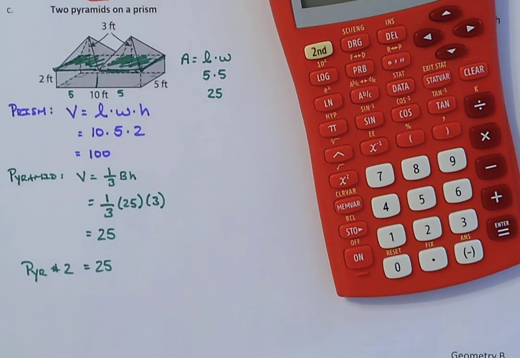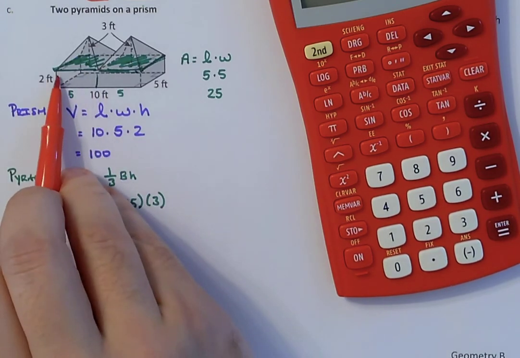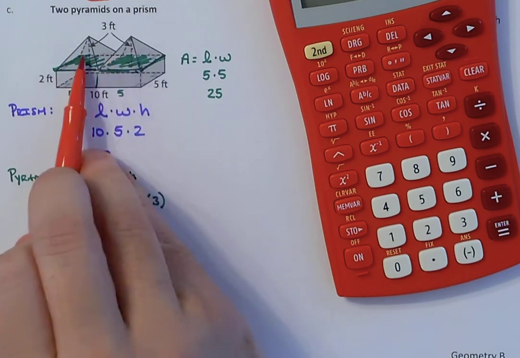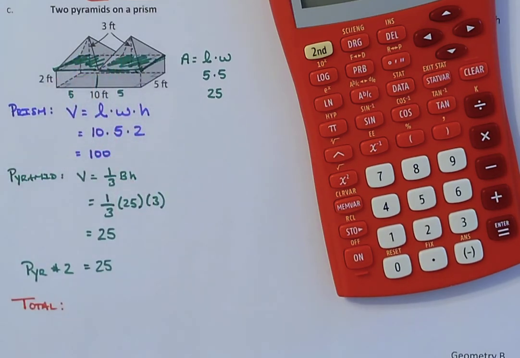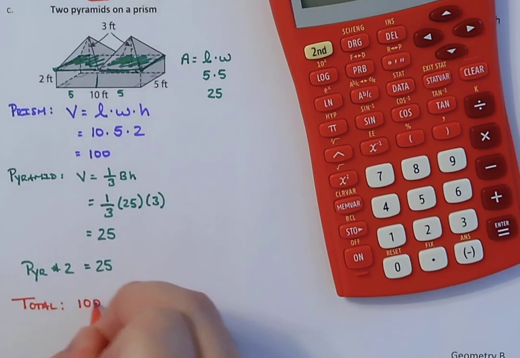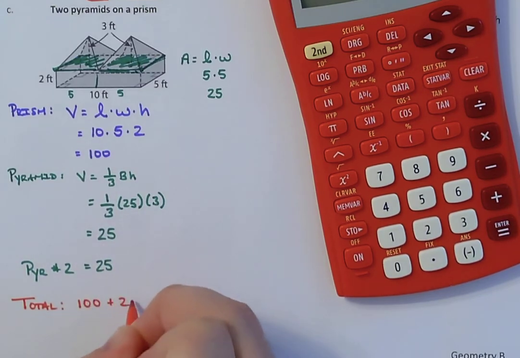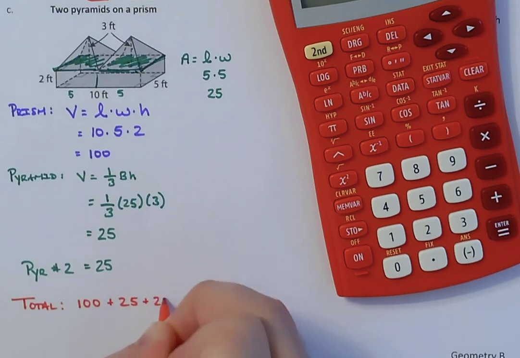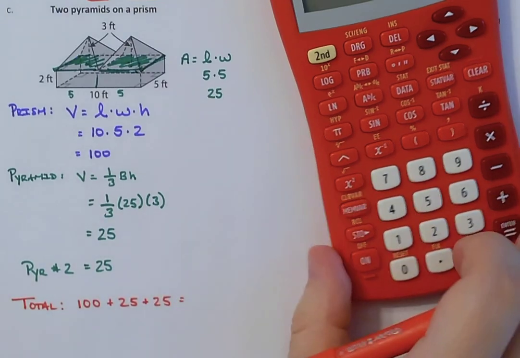So to figure out the total volume, because it's a prism with 2 pyramids on it, we're adding them on top. We take the volume of the prism and add the volume of both pyramids.